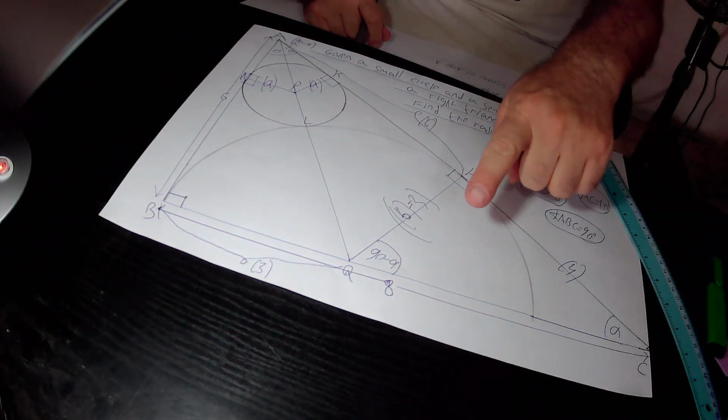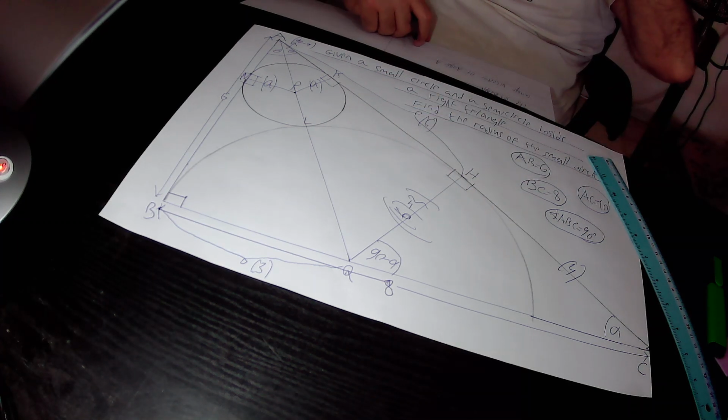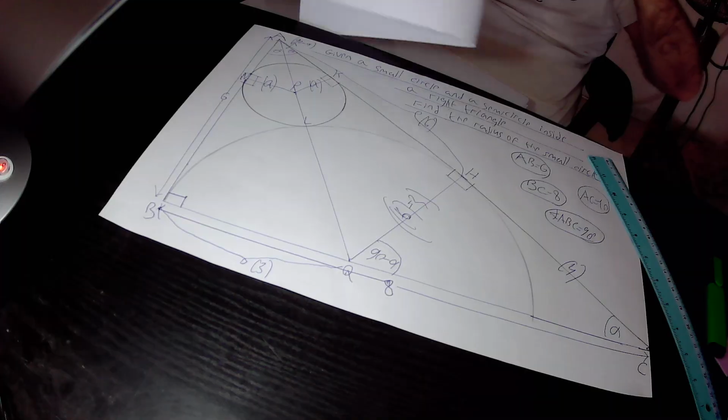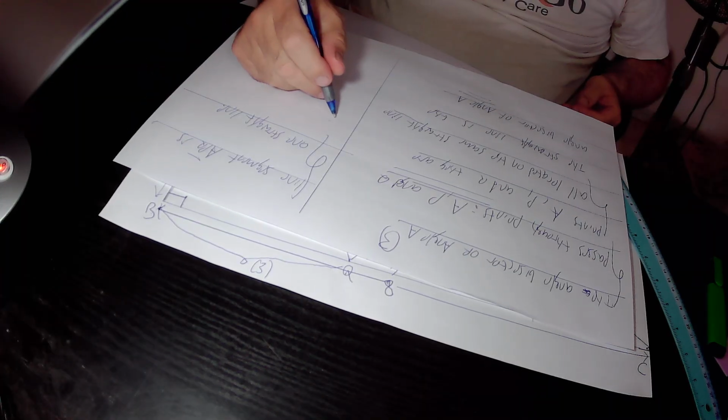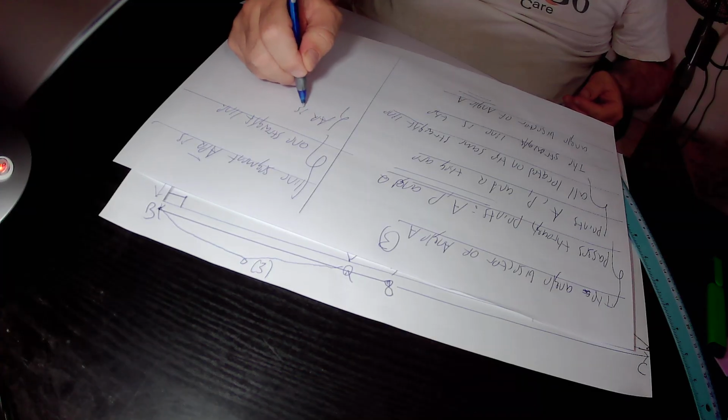If line segment APQ is one straight line, it means that AQ is a straight line. Therefore, AQ is a straight line.